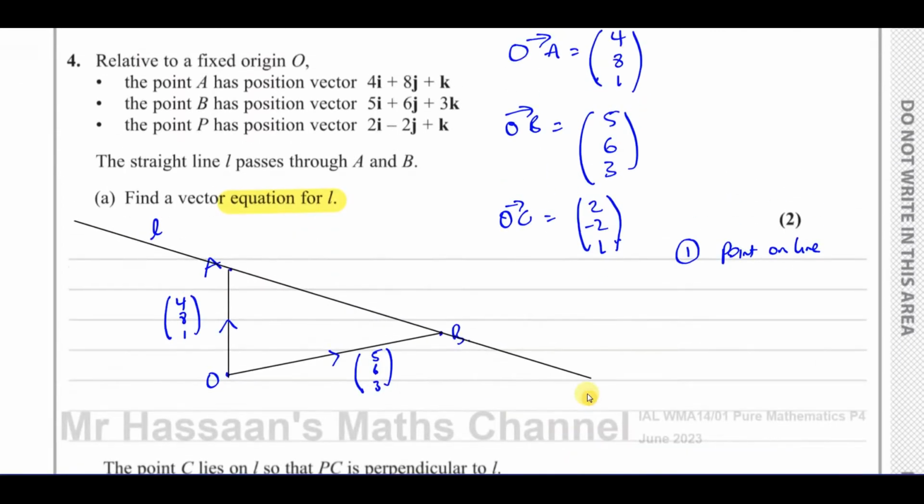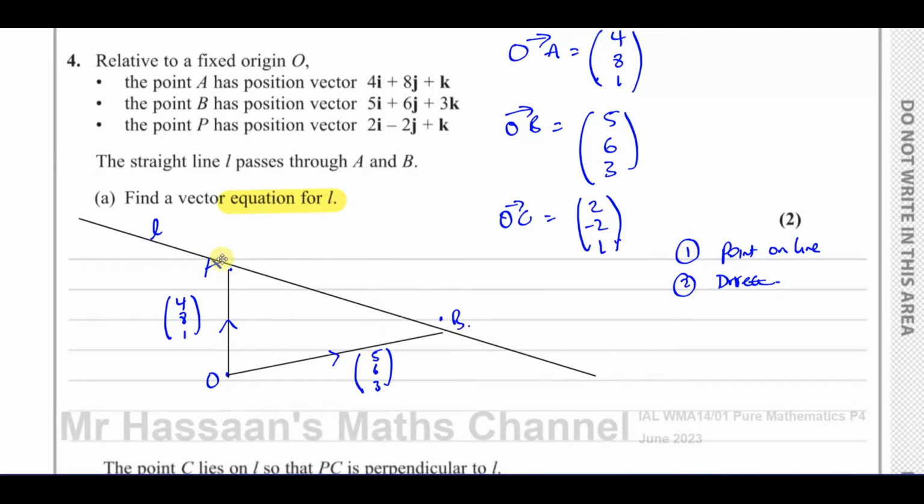The second thing we need is the direction of the line, the direction that the line is going in. For example, we can find the vector from A to B, and that will be the direction of the line. We could also find B to A if we wanted to.